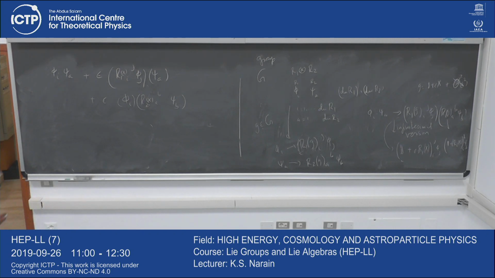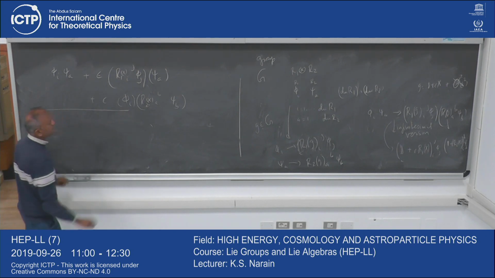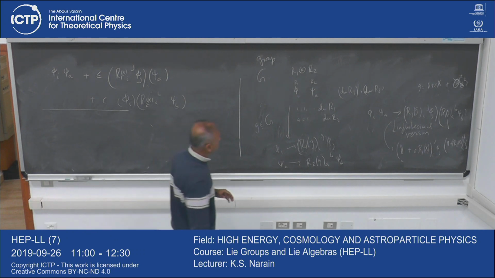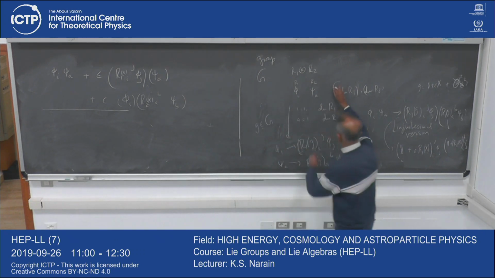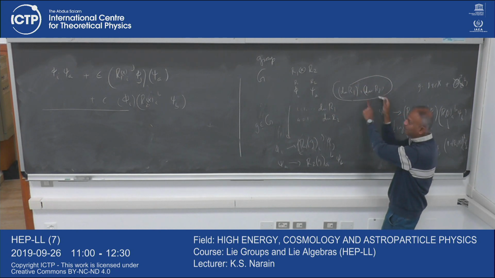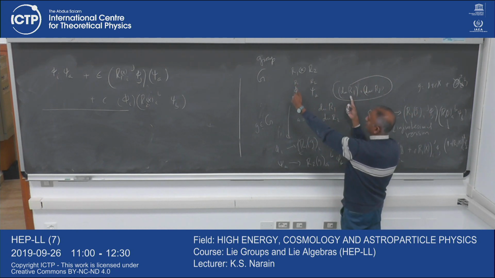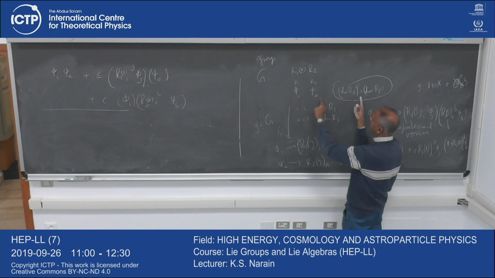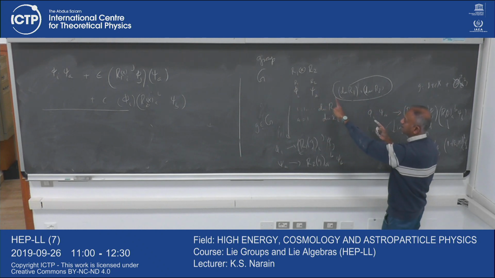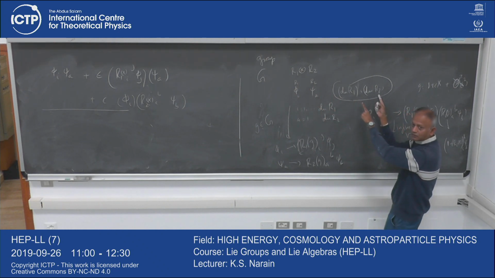So let us look at this here and ask the question. The whole problem is that this representation that we have found has dimension dim R1 times dim R2, because this has dim R1 possibilities for the index I, and this has dim R2 possibilities for the index A. So the total dimension of this space is dim R1 times dim R2.